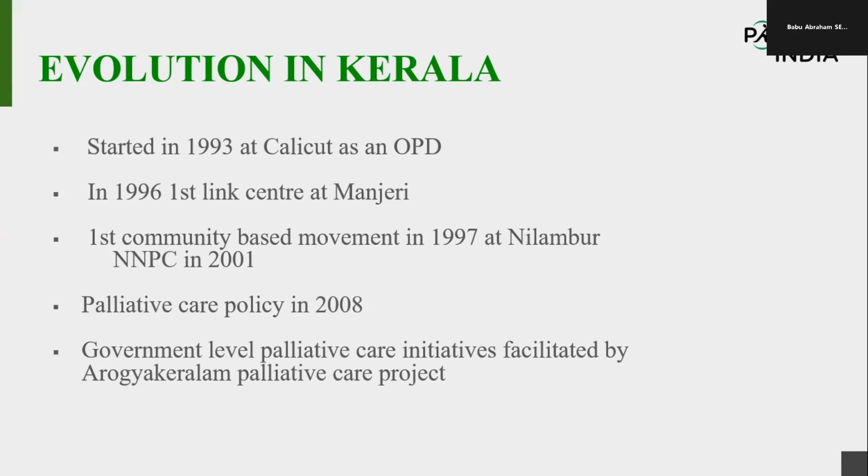As a response to a request from Pallium India, the government of Kerala recognized the need and formed a palliative care policy in 2008, and it was revised in 2019. That policy itself expressed the role of community in the palliative care delivery system.